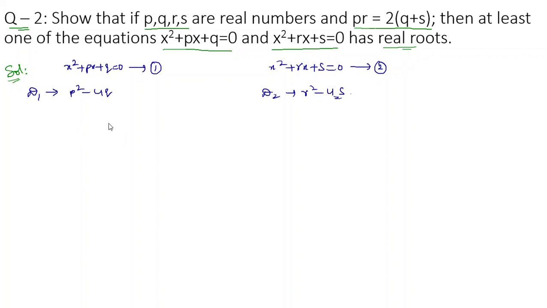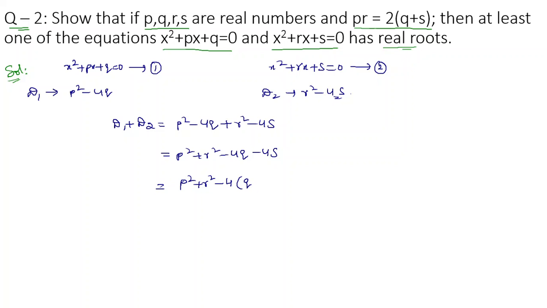Now let us try to add these two, d1 plus d2. So this is equal to p square minus 4q plus r square minus 4s. So let us interchange the terms: p square plus r square minus 4q minus 4s. p square plus r square minus, let us take minus 4 as common, and now this becomes q plus s.